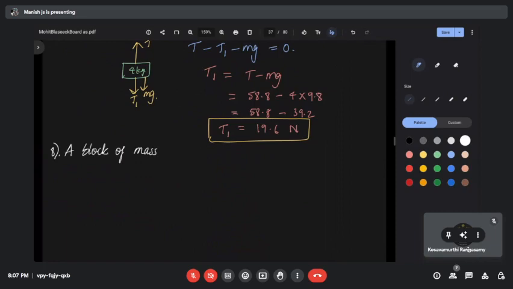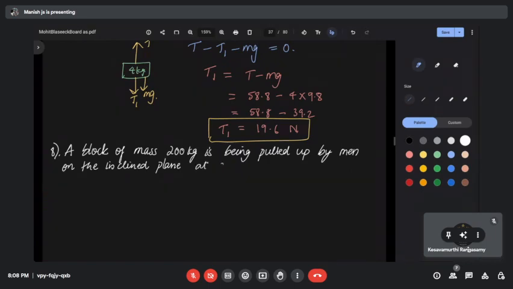A block of mass 200 kilograms is being pulled up by men on the inclined plane at an angle of 45 degrees as shown.